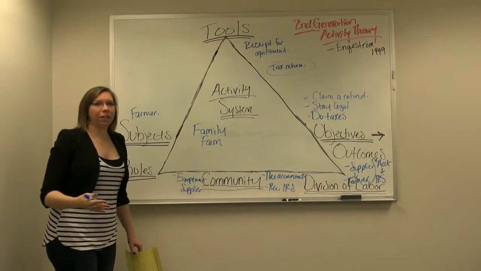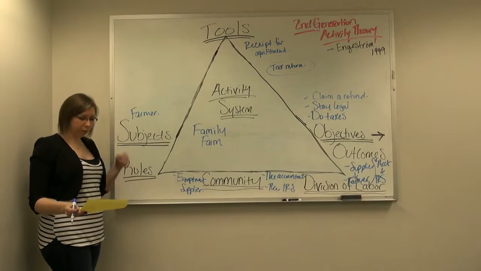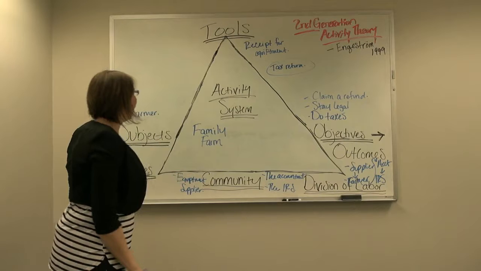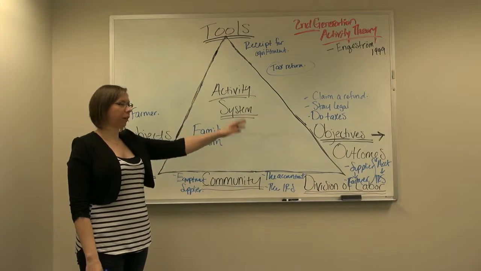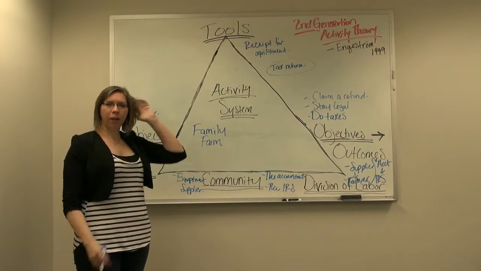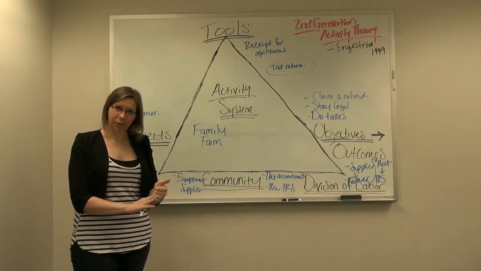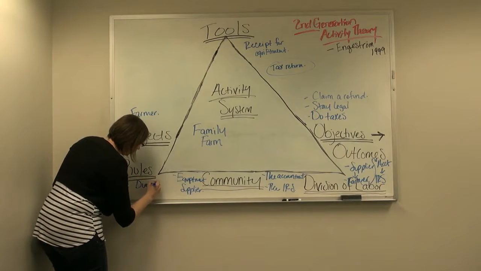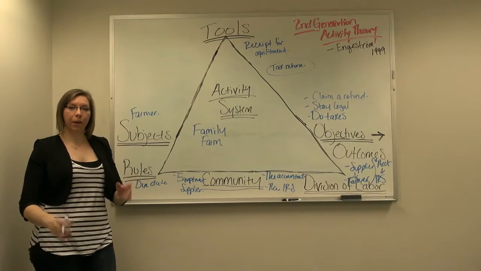Okay, so which pieces are we still missing? Looks like we just need to think about the rules, right? So why does the farmer even need to fill out the tax return in the first place, right? To meet these objectives. But what's the etiquette involved? There's a time limit, right? So there's a due date for filing that return, usually around the middle of April.